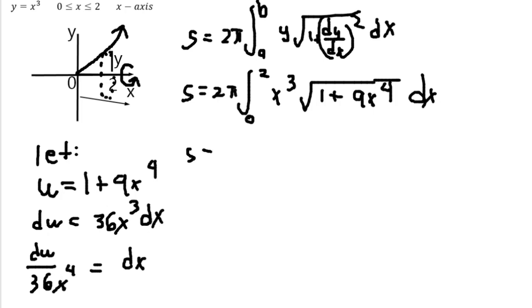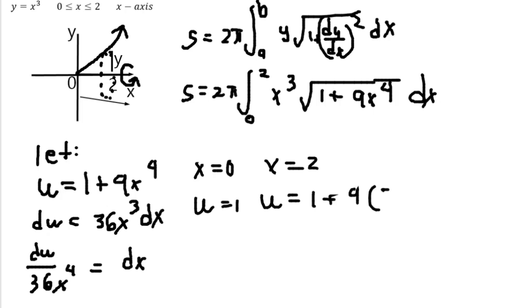So the surface area of revolution is equal to, actually, we're going to replace the x here from 0 to 2. We're going to change it.